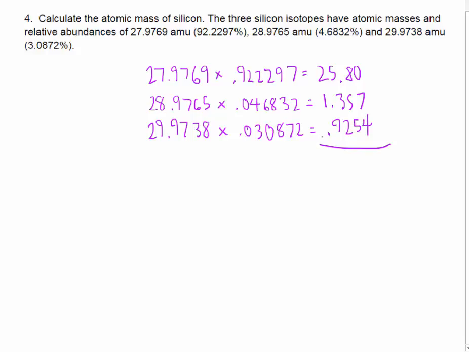Once you multiply all of the isotope masses by their percent abundance as a decimal, you add all of those together, and that gives you your weighted average atomic mass, which in this case is 28.09 AMU. And that is that for your atomic mass of candium.